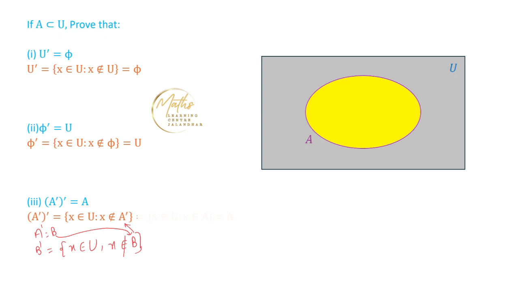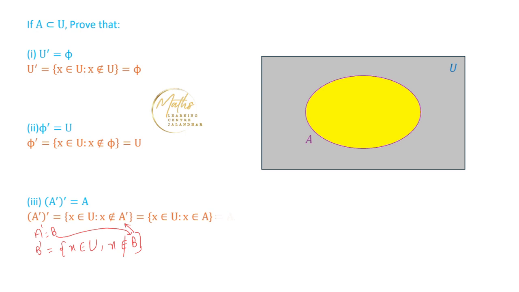So this set is those x in U for which x belongs to A, because when we say that x does not belong to A complement, we are saying that x is not in this region. If x is not in this region, it means that x lies in A.